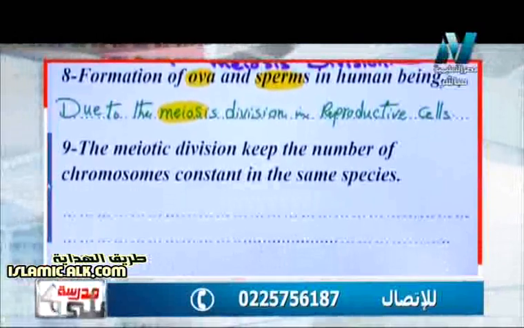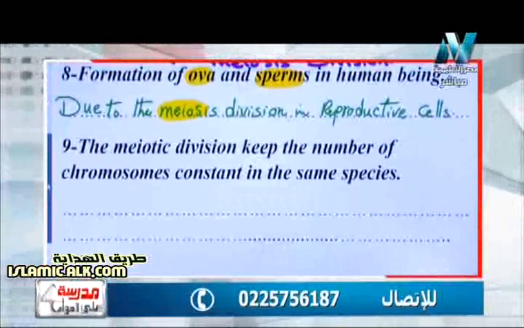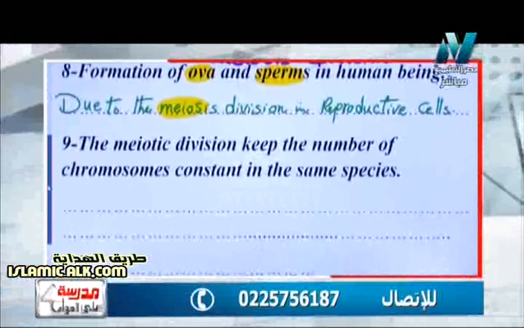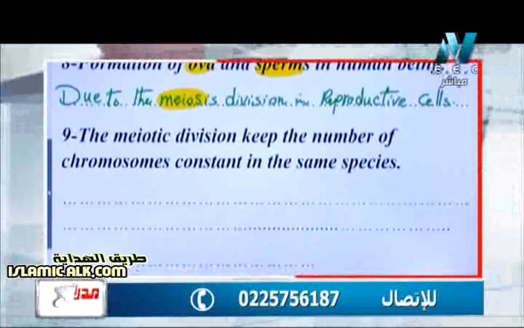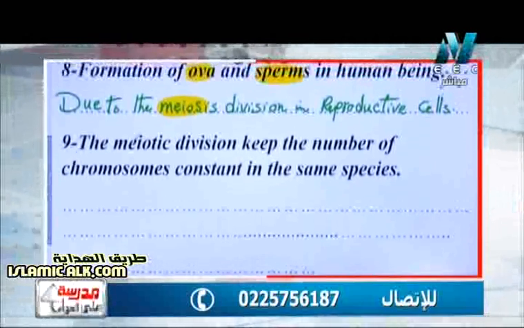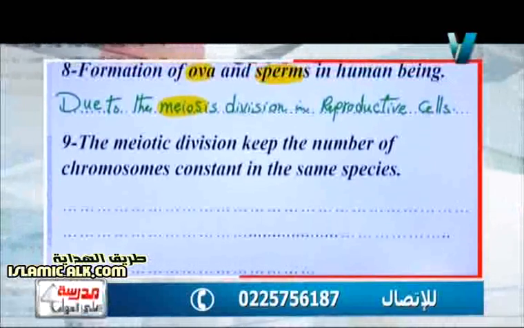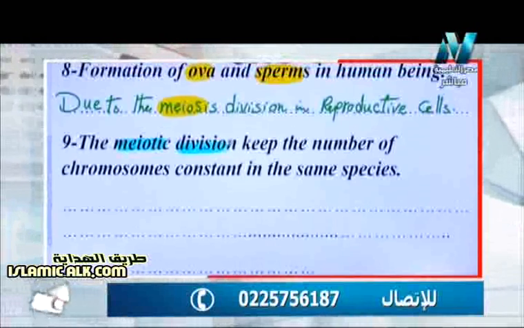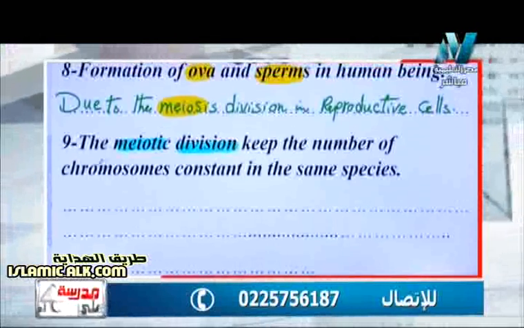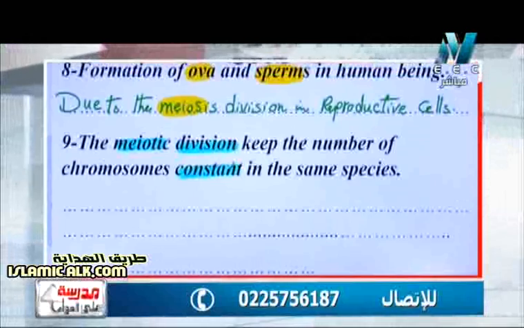Question number 9. The meiotic division keep the number of chromosomes constant. خلي بالنا هنا سؤال غريب جدا يعني يقول لي the meiotic division keep the number of chromosome constant. Constant يعني ثابت.